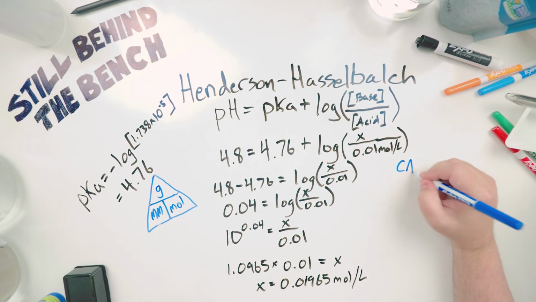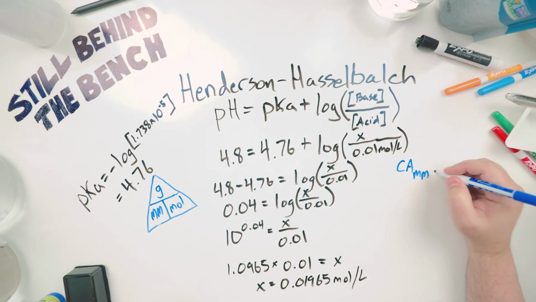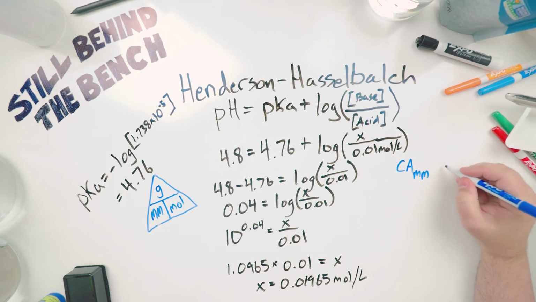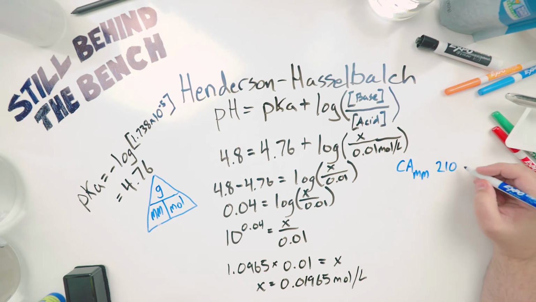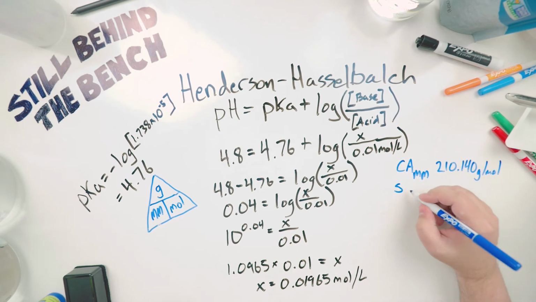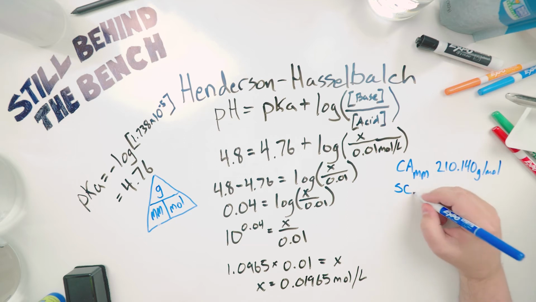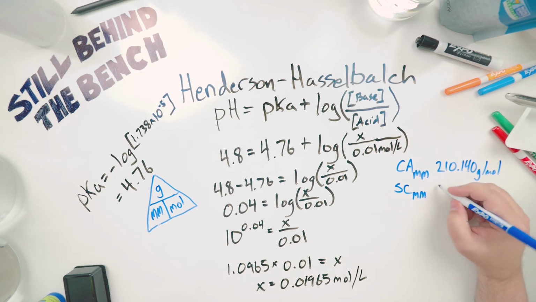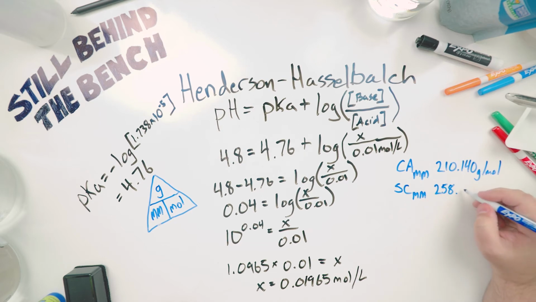Citric acid has a molecular mass of 210.140 grams per mole. Sodium citrate, the molecular mass is 258.06 grams per mole.